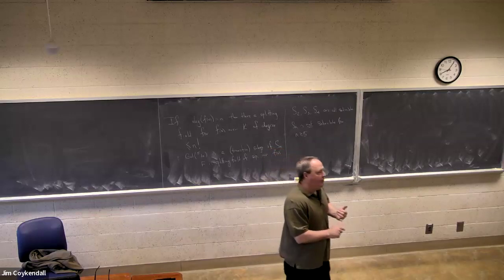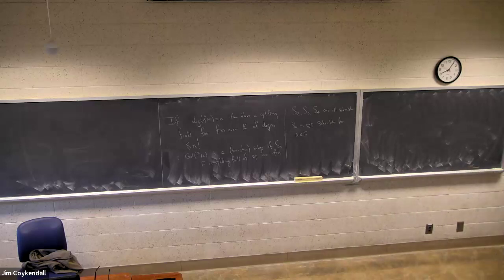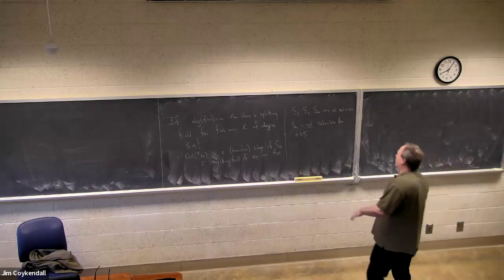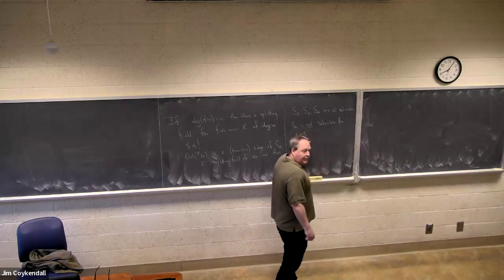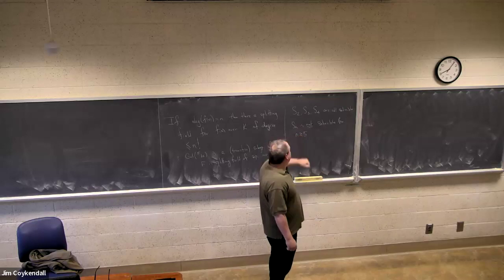So if you throw in addition, multiplication, division, subtraction, and also the operation of taking the nth root of anything you want, you still can't get a formula here. And let me stress that this is in general.